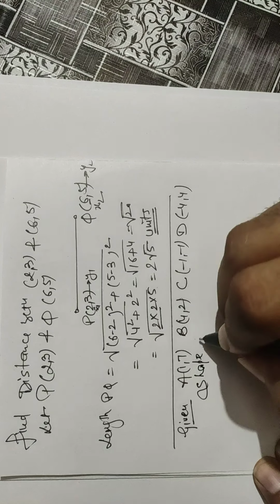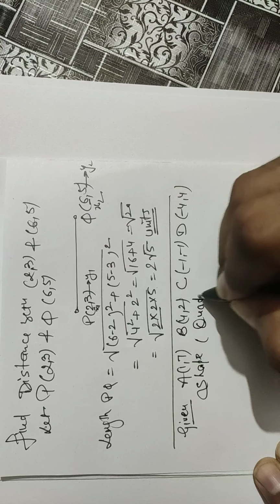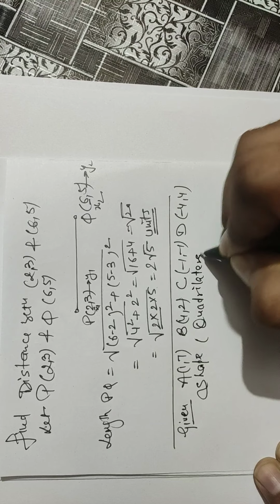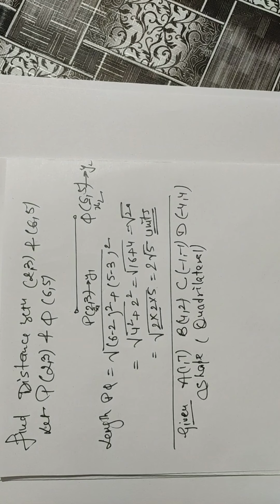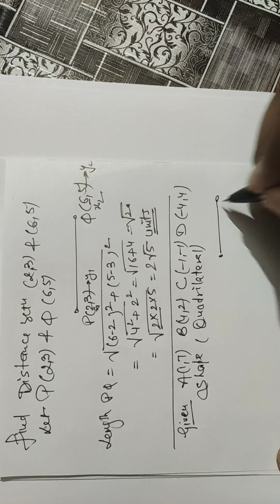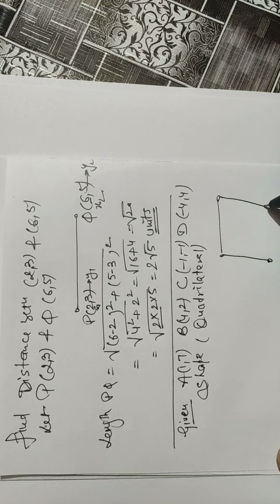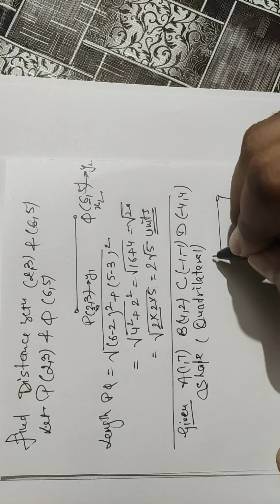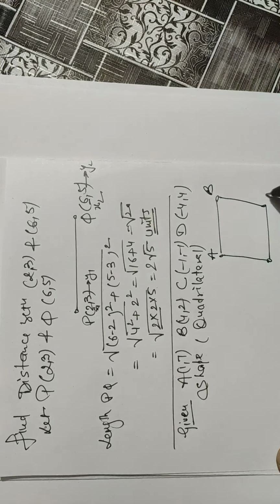As four points are given, we have to check for a quadrilateral, in which there are four vertices. Suppose these are A, B, C and D. We indicate them in clockwise or anti-clockwise order, in any one direction.